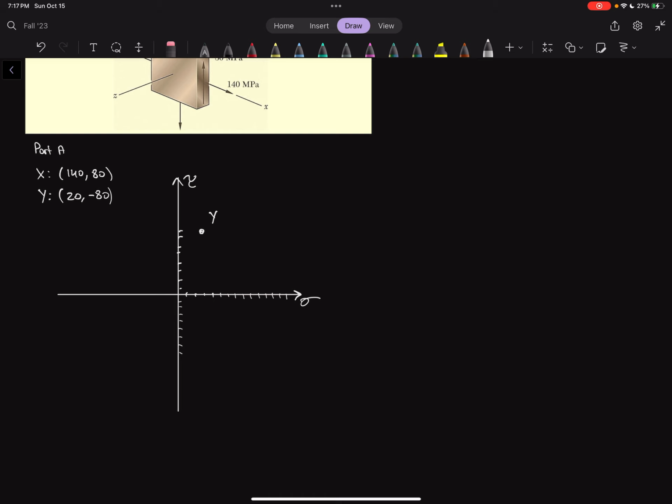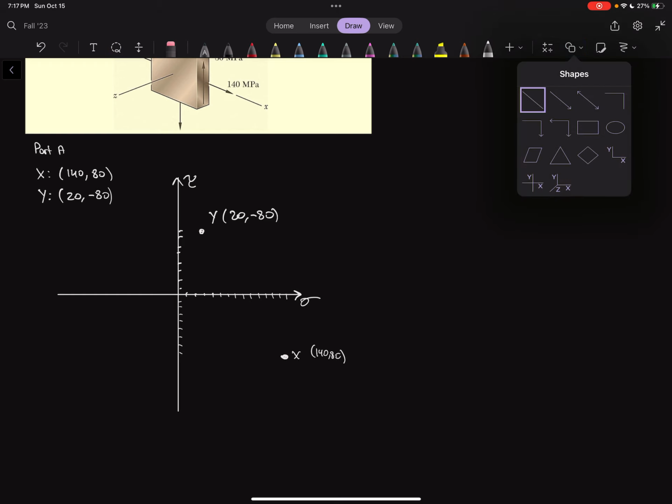So that's my y at 20, minus 80. And my x is going to be right here at 140 comma 80. That's my x right here.